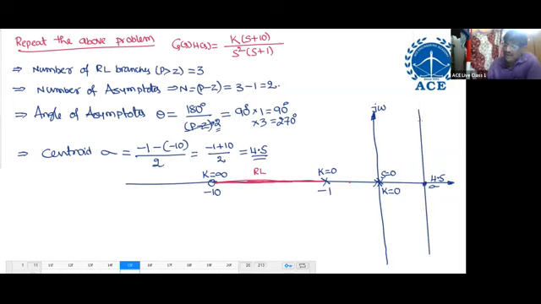One asymptote along 90. That means along 90 there exists a zero, where K is infinity. Another one along 270 there exists a zero, where K equal to infinity.